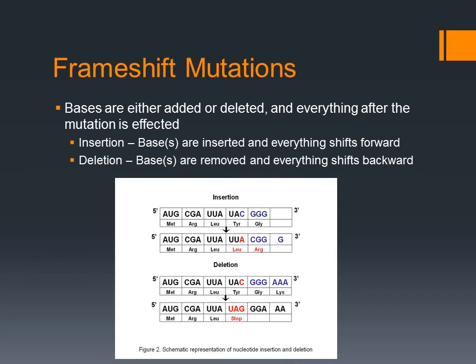Now, frameshift mutations are, instead of changing one base, bases are going to be either added or deleted. And so when you do that, everything after the mutation is going to be shifted. So if you look at this graphic, this is our original DNA, and right here, this is an insertion. So we added in this A, the adenine, and what it does is shift everything after it down.